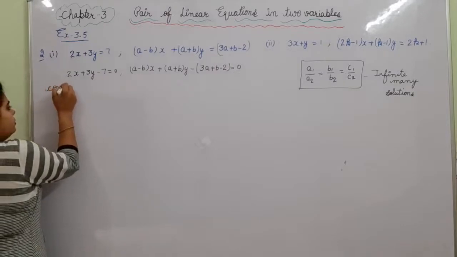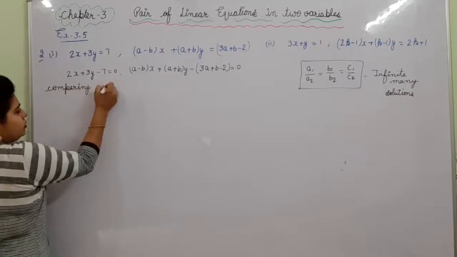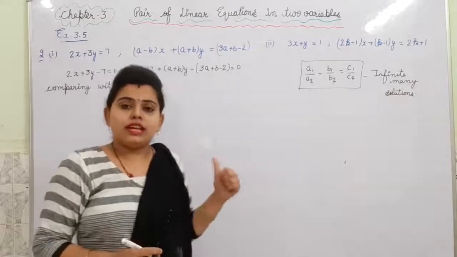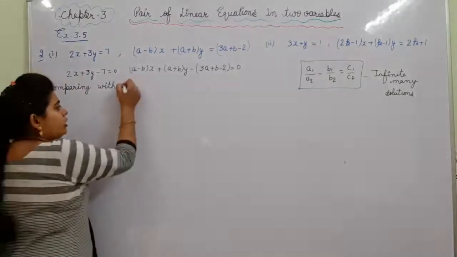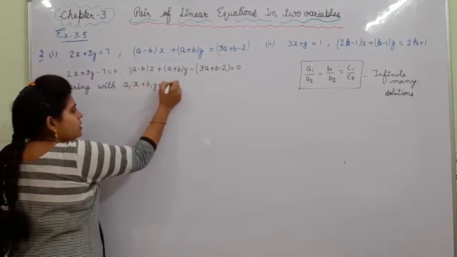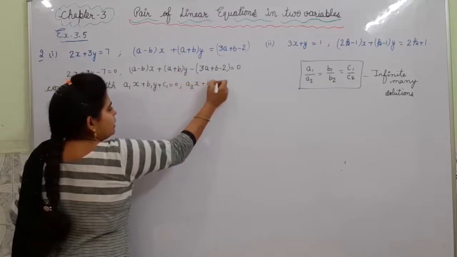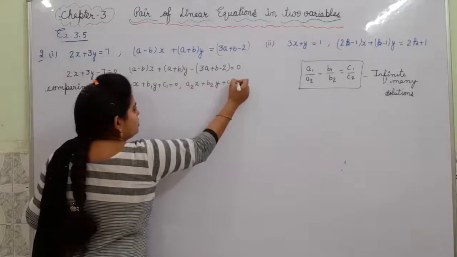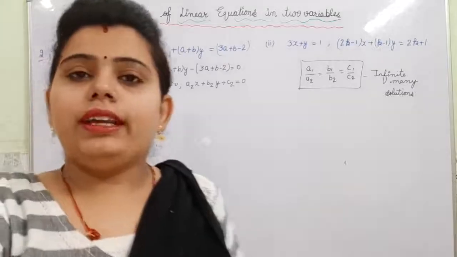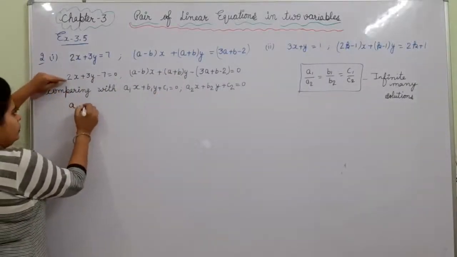Comparing with the standard form of a pair of linear equations. We will compare with a1x plus b1y plus c1 is equal to 0 and a2x plus b2y plus c2 is equal to 0. Now we will get, from here, a1 is equal to 2.